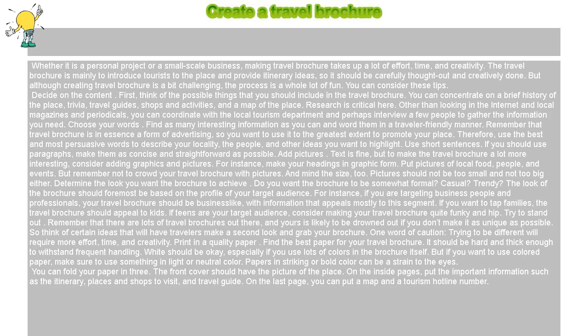Research is critical here. Other than looking on the internet and in local magazines and periodicals, you can coordinate with the local tourism department and perhaps interview a few people to gather the information you need.